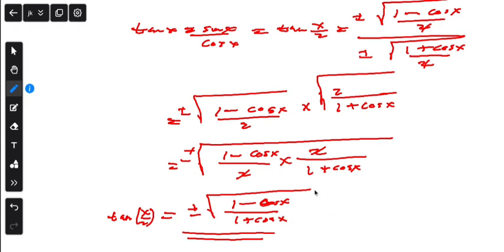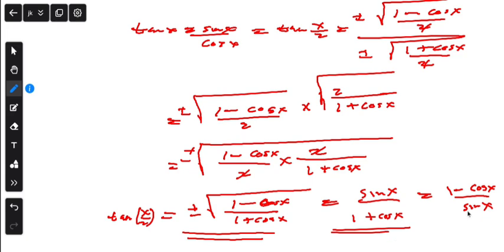So other formulas that you can use, you can also use this one here. You can also use this one, sine x, then divided by 1 plus cos x. You can also use this one here, 1 minus cos x divided by sine x. These are also formulas that you can use.